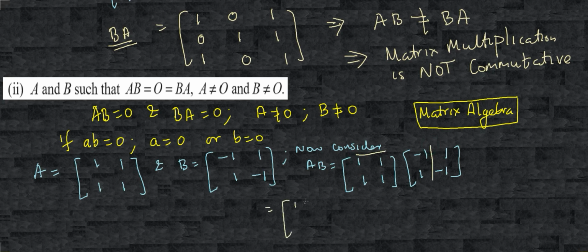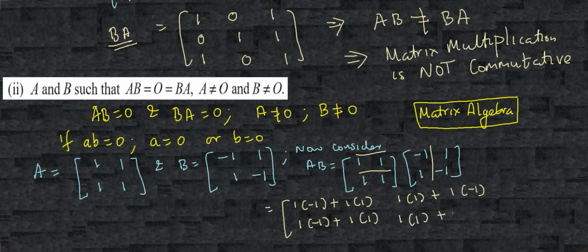So that would give me 1 multiplied with negative 1, positive 1 multiplied with 1. The row with the column, 1 multiplied with negative 1, positive 1 multiplied with 1. Row with the column, 1 multiplied with 1, positive 1 multiplied with negative 1. Row with the column, 1 multiplied with 1, positive 1 multiplied with negative 1.